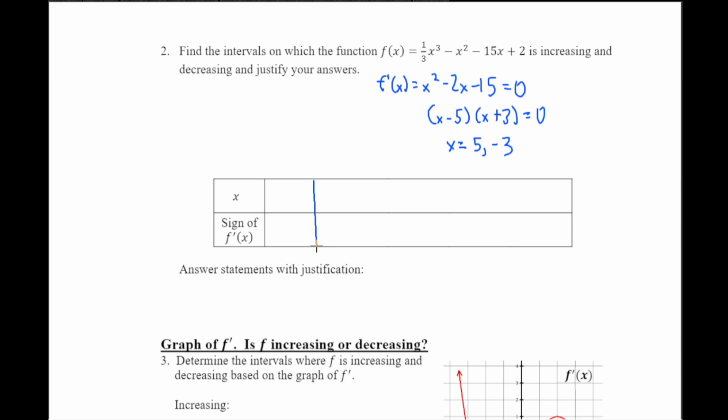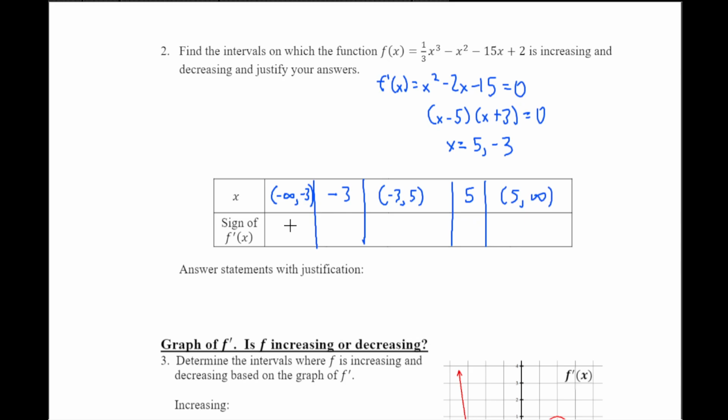So we can create the table here. Negative 3, you should always do this from least to greatest, lowest to highest. So negative 3 and 5, and then we can write out all the intervals. Start at negative infinity, go up to negative 3. Now negative 3 to 5, and 5 to infinity.